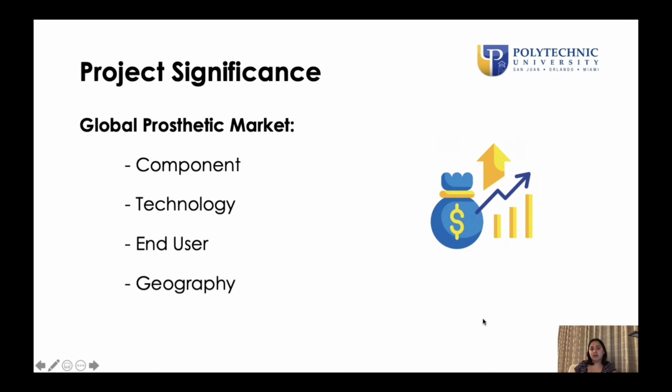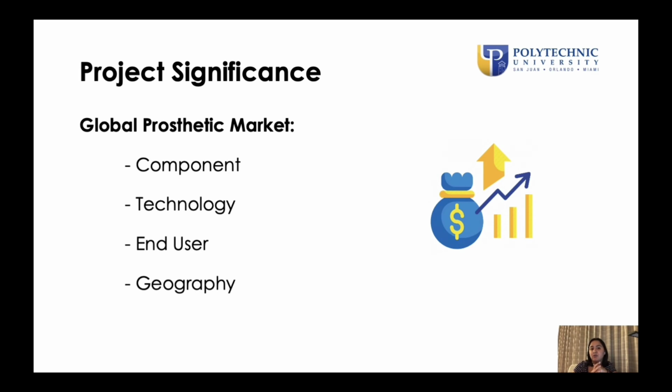The global prosthetics market is segmented based on component, technology, end user, and geography. Component can be upper limb extremity or lower limb extremity. Our prosthesis is a hand, so it will be upper limb extremity. Technology can be body powered, electrically powered, or hybrid prosthetics.